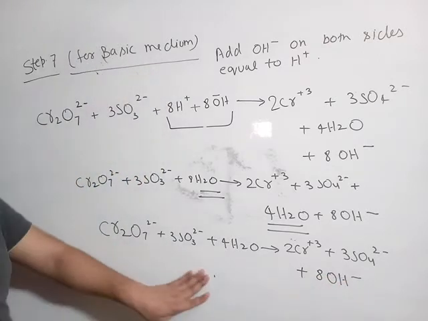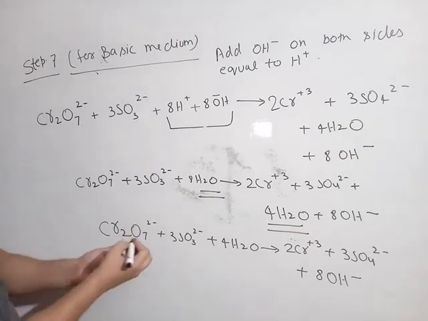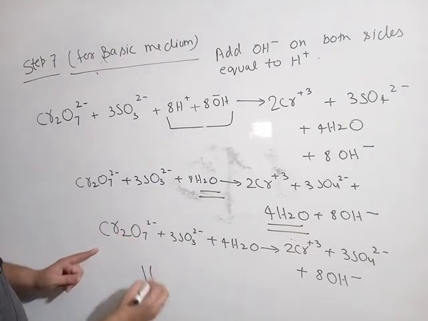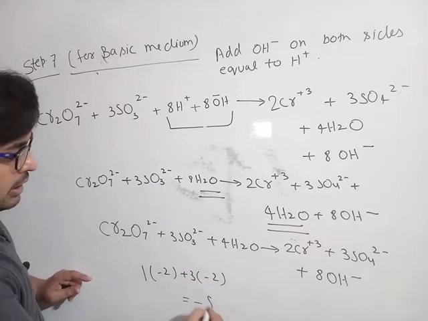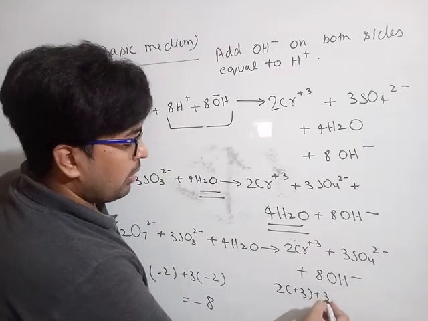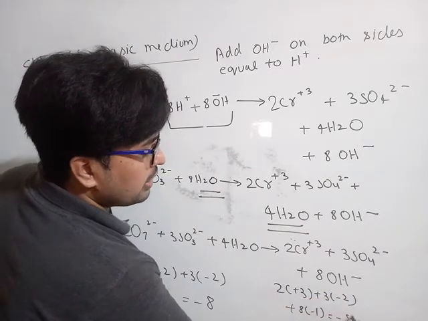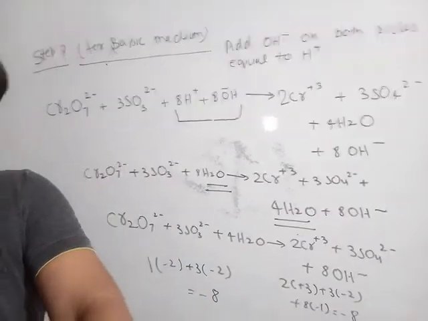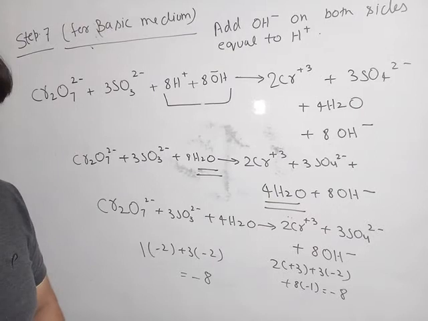The charge was already balanced, but let's check: 1 into minus 2 plus 3 into minus 2 gives minus 8 in the LHS. On the RHS, 2 into plus 3, plus 3 into minus 2, plus 8 into minus 1 is also minus 8. So the charge is the same on both sides.